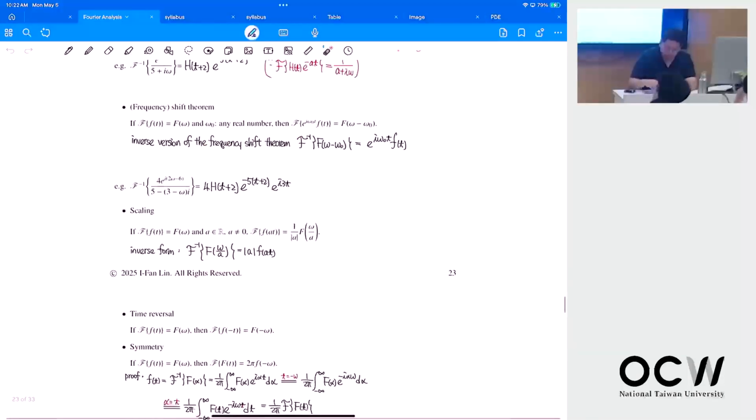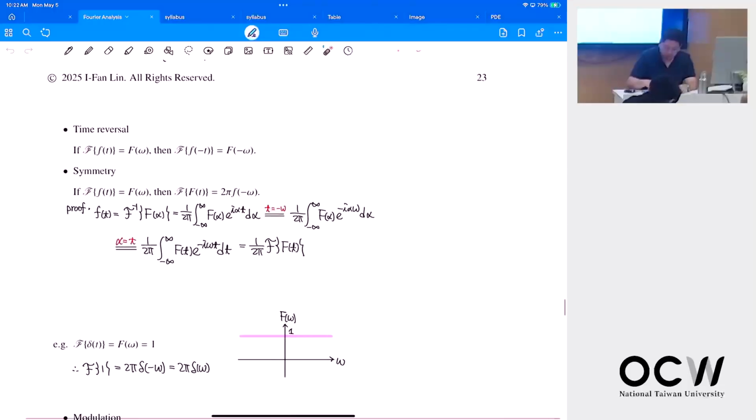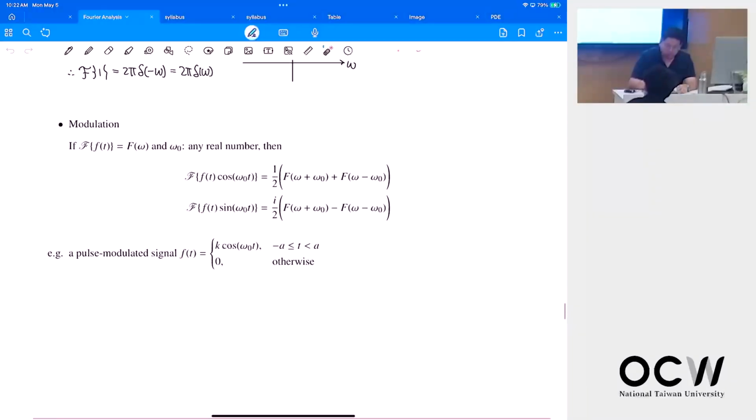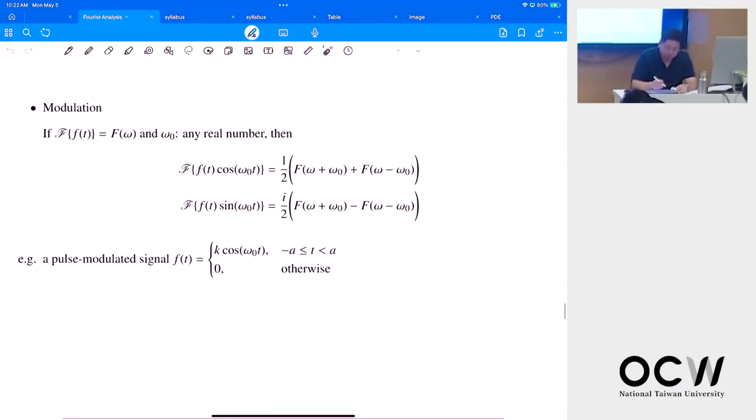We're going to learn another important one called modulation. Modulation means that if I have a signal in time domain, I will multiply it by cosine or even sine. And you see what happens when I have a function times cosine.